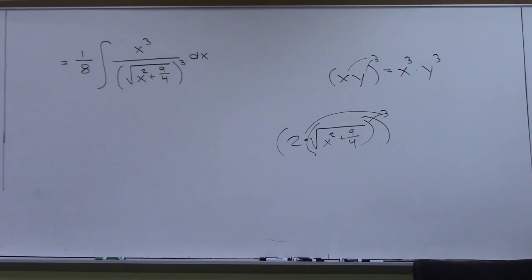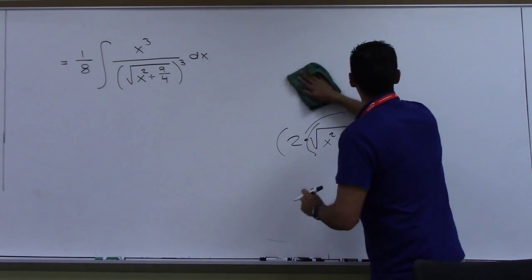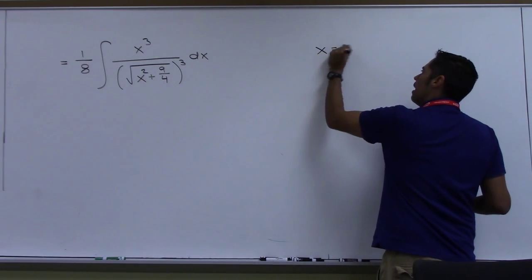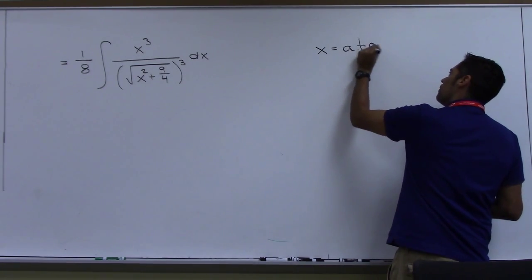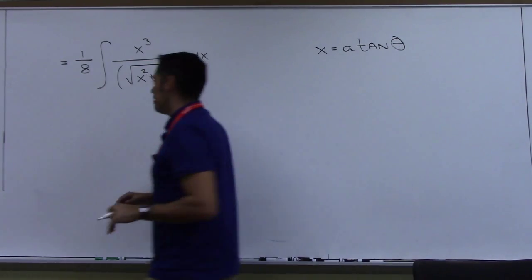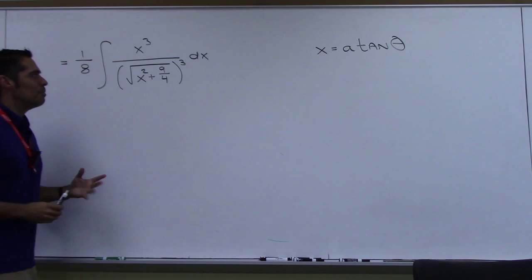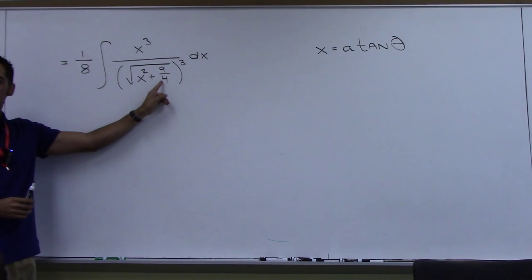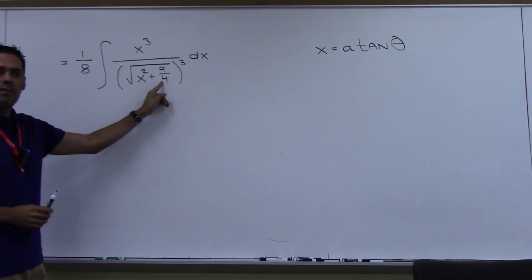Everyone good? All right, now we can make the substitution. So what is the substitution that I'm going to make? X equals a tan theta. Now, we do have an a here. It's not the letter a, it's an actual number. So x is our variable. That means this is a squared, isn't it? If this is a squared, then what's a? 3/2.